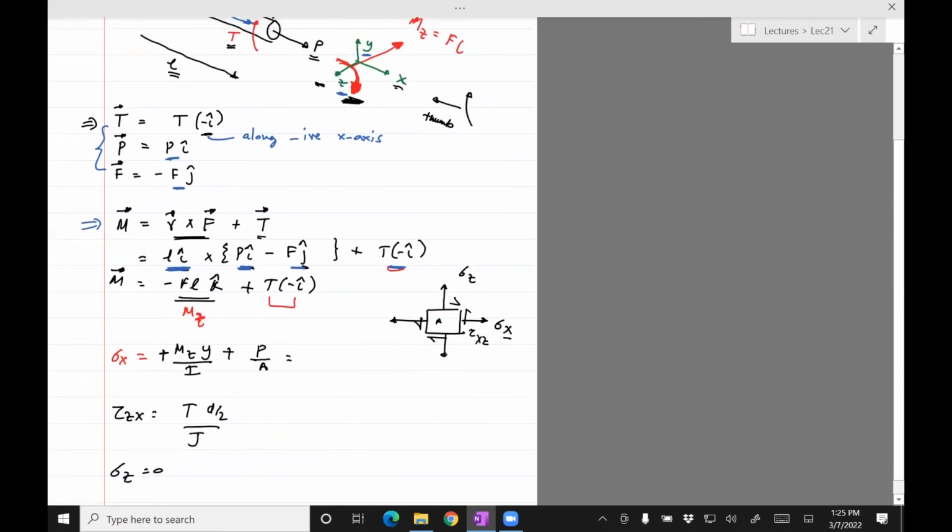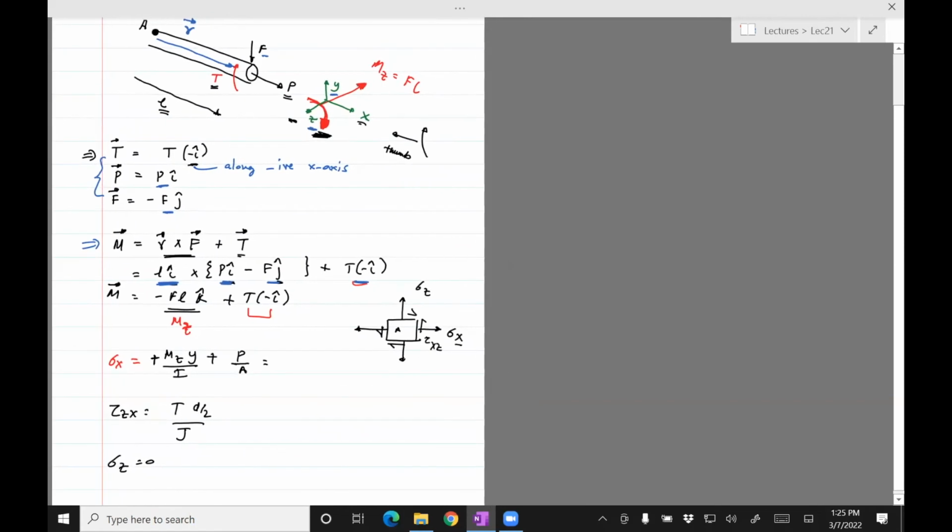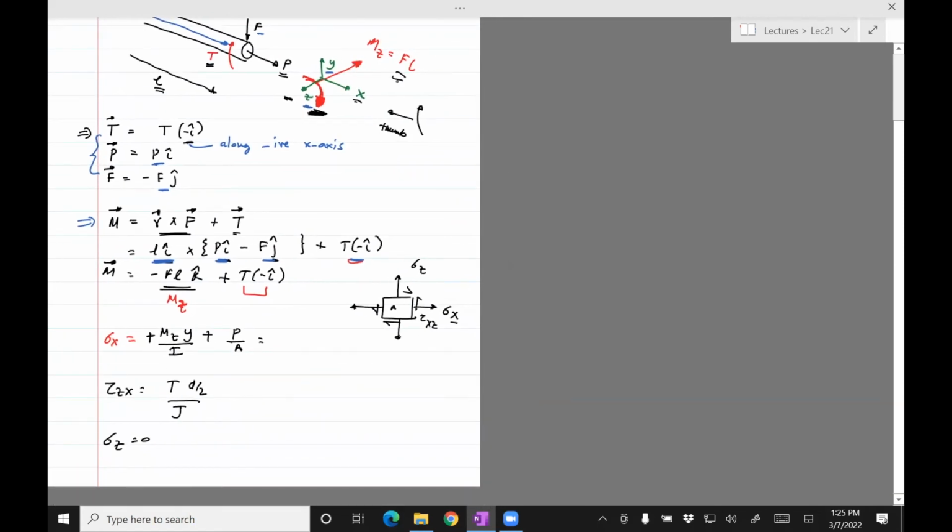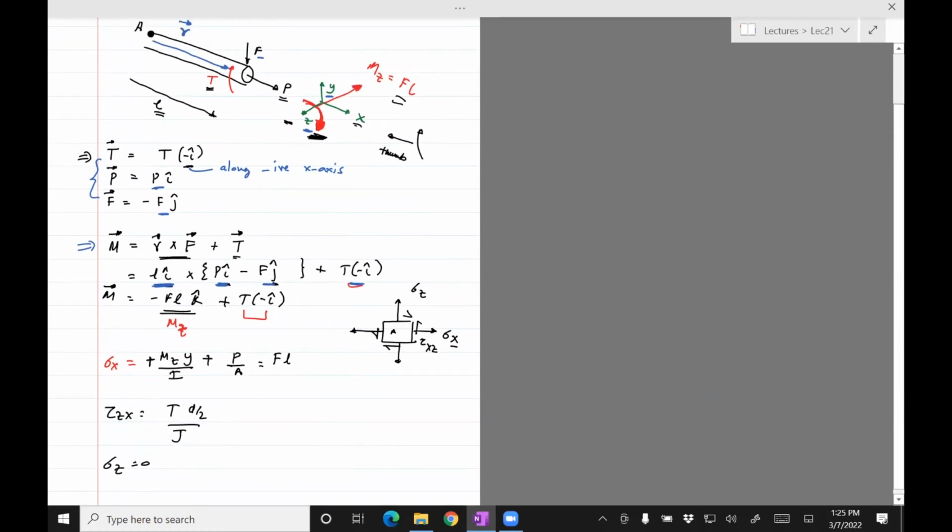Okay, let's substitute the values. M is F times L. Y is the distance from the neutral axis. So that's going to be D divided by 2, I, plus P divided by A. This will be T. It's circular.